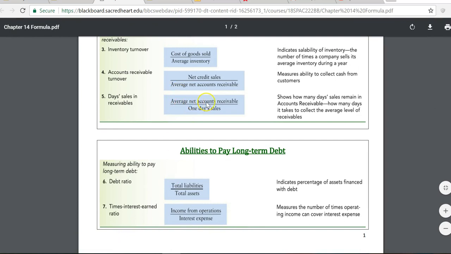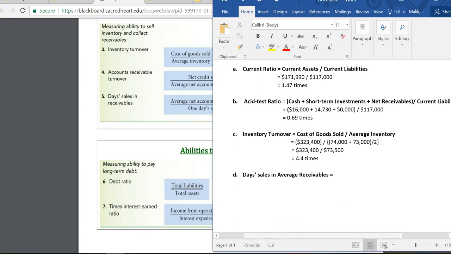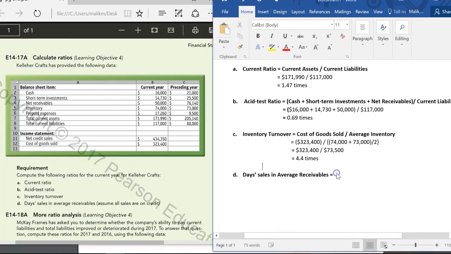Again, it's average account receivables divided by 1 day's sales. So let's write down the formula first. I suggest you also write down the formula. If you write the formula many times, it will help you remember it.